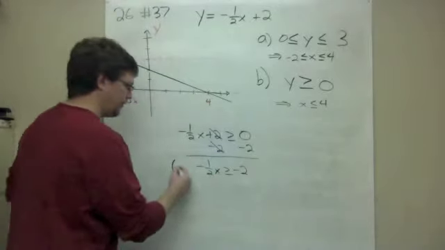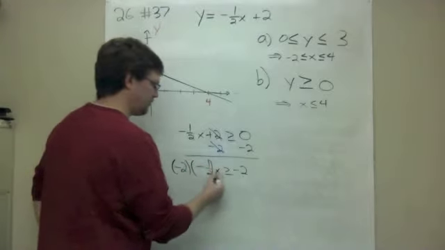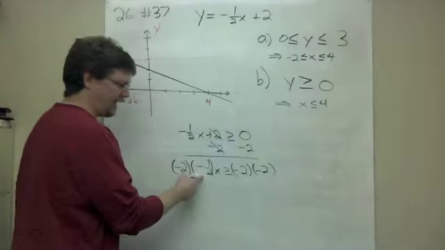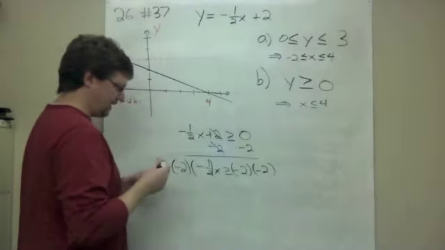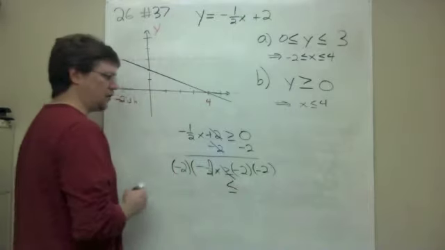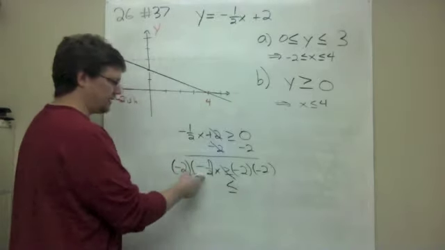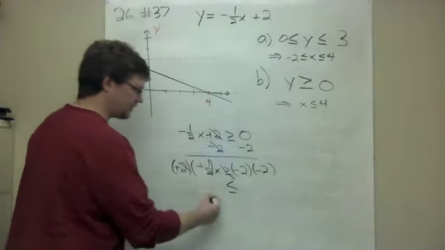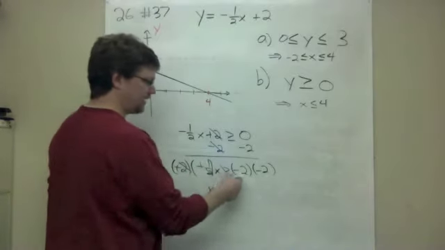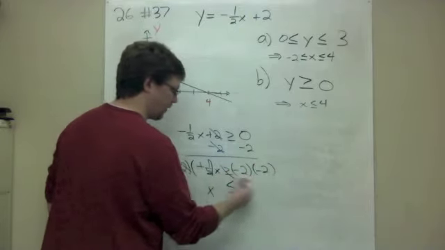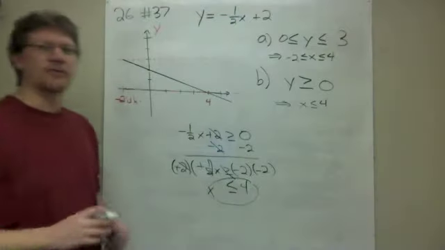And now I go through and multiply both sides by -2 to get rid of my -1/2. But multiplying by a -2 will flip my inequality. -2 times -1/2, negatives cancel, 2 over 2 cancels, x is less than -2 times -2, negative times negative is positive, 2 times 2 is 4. And that's exactly what I got from the graph.